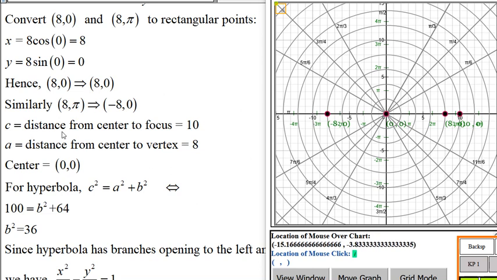c is the distance from the center to the focus. So from the center to the focus, c is 10. a is the distance from the center to the vertex. From center to vertex, a is 8.